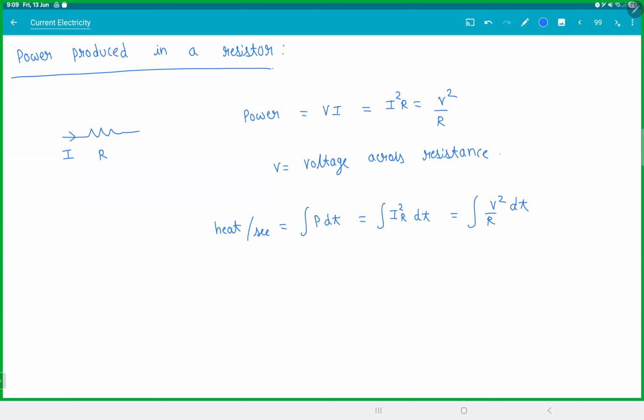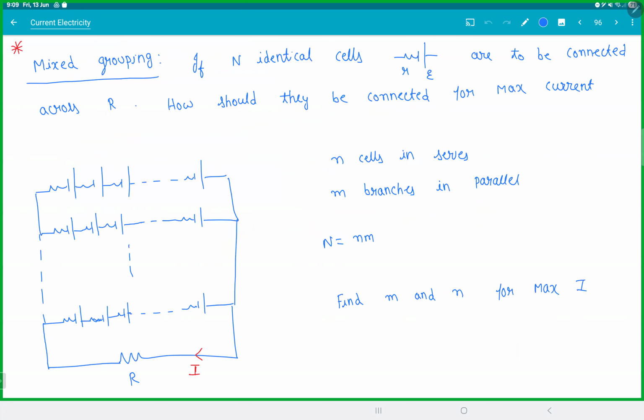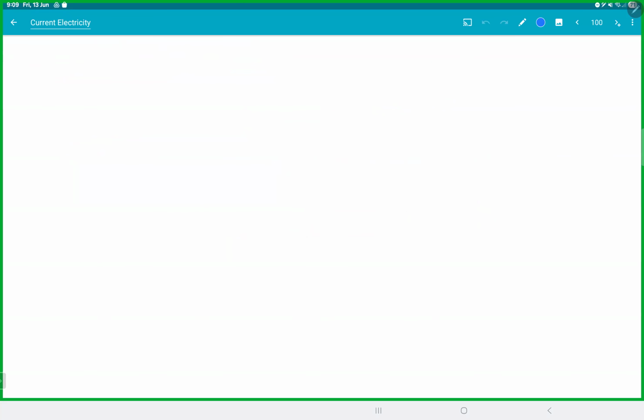Clear? Let's say a question. We have a resistor here, which is 10 ohms.